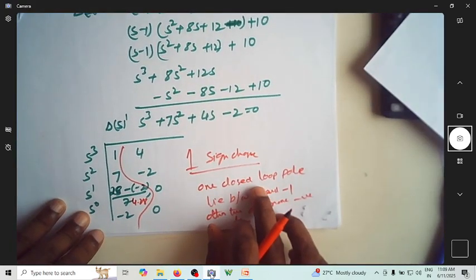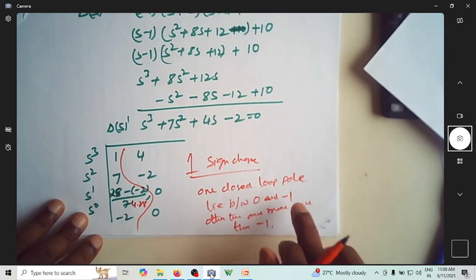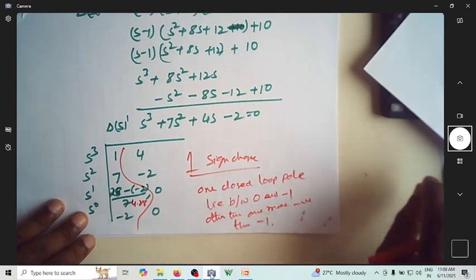So one pole is not more negative than minus 1, whereas the other closed loop poles are more negative than minus 1.